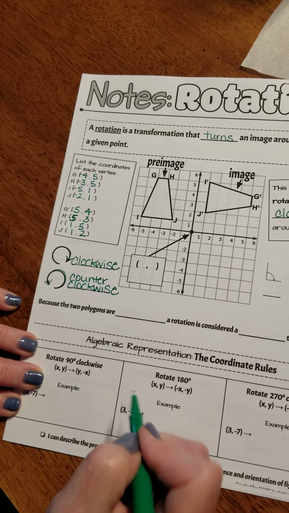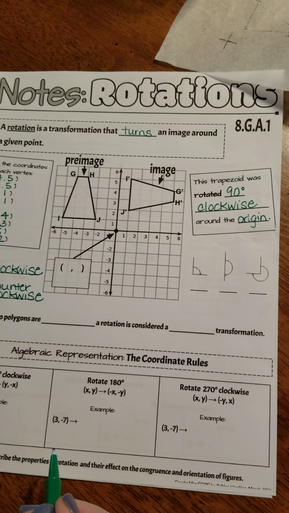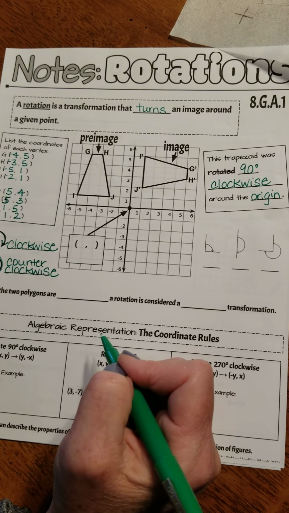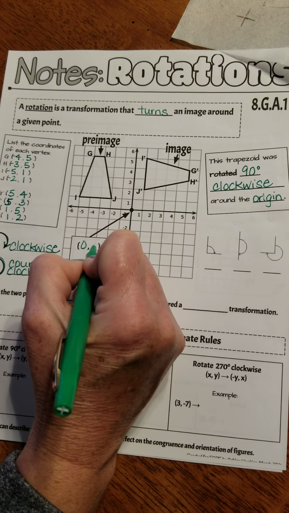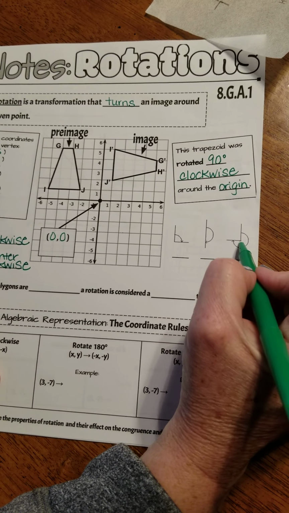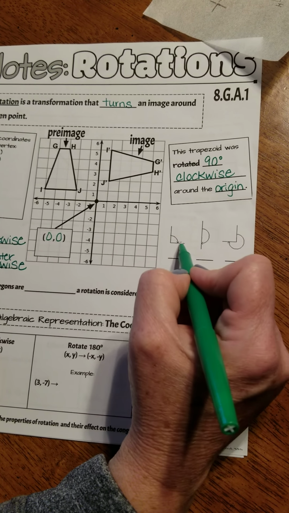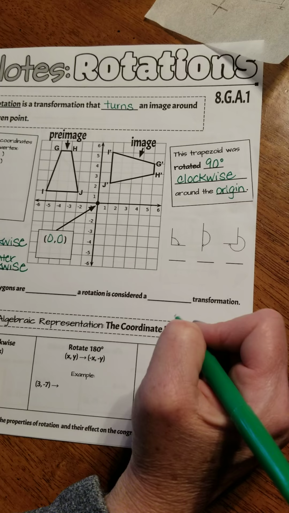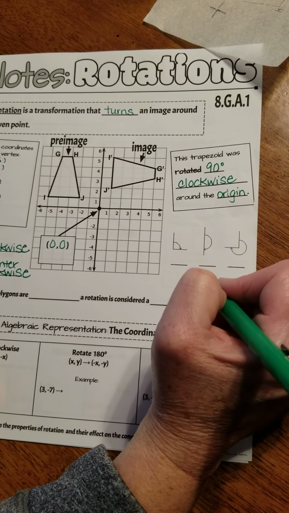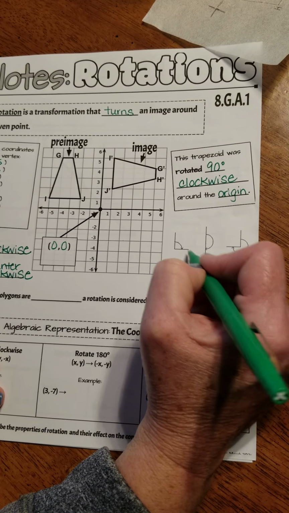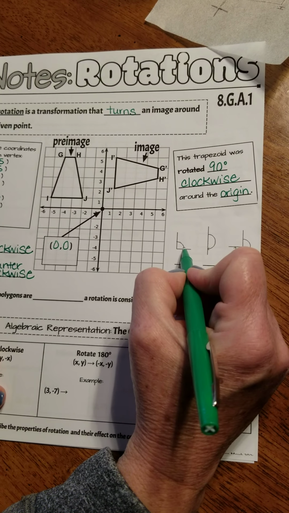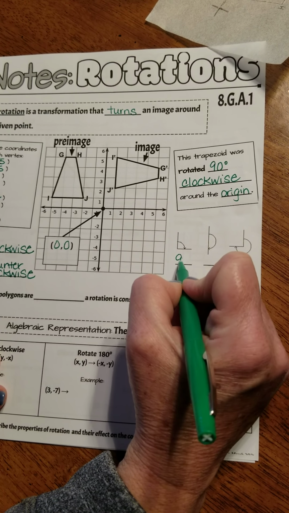Direction is very important when we're talking about rotations. We all know that this is the origin, and the name of that ordered pair is 0, 0. And here are diagrams to show how far a rotation can occur. Actually, a rotation can occur at any number, but in 8th grade, we're going to focus on using right angles. So in this case, this is 90 degrees.